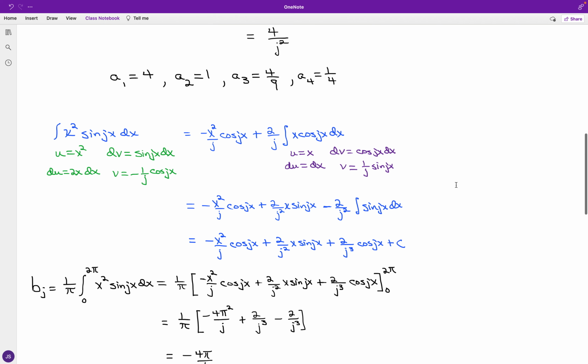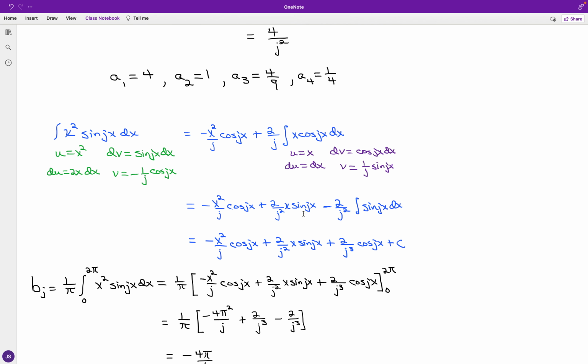With the next round of integrating by parts, u is equal to x, arriving at du is equal to dx. For the setup here, dv is equal to the cosine of jx dx, and v is equal to 1 over j times the sine of jx. Following through, for the next set of antiderivative terms, you're going to have 2 over j times u times v, so we have 2 over j squared times x times the sine of jx.